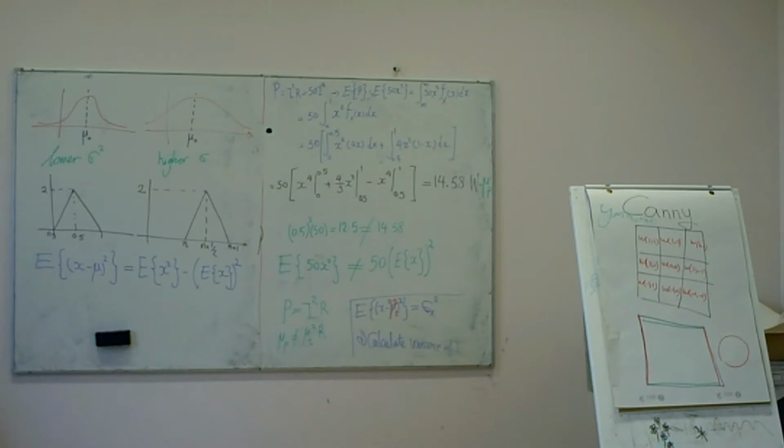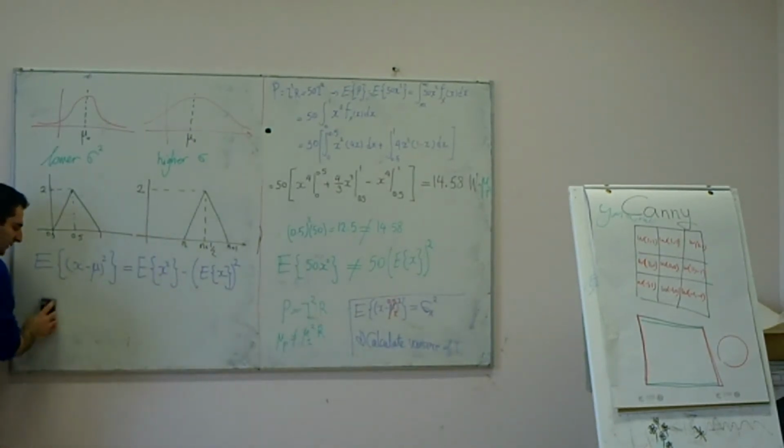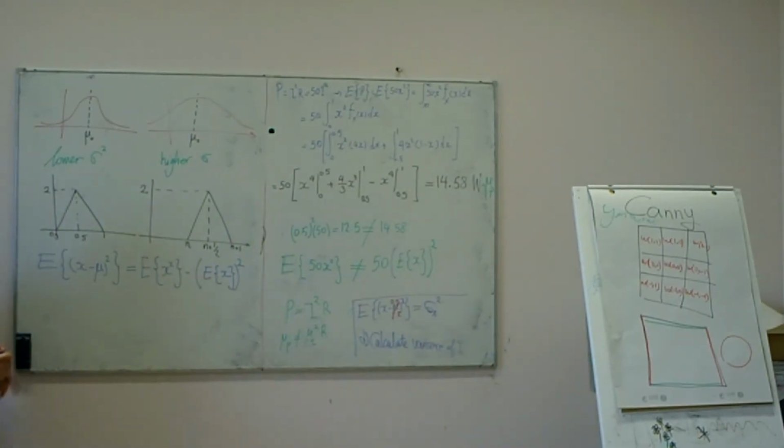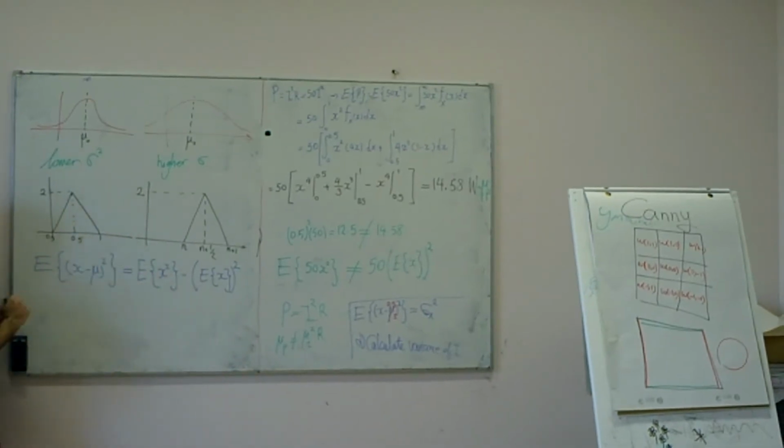Let's prove it. We want to prove this formula. In order to prove it, we have to go to the definition. What is the definition of this one? I start from the left-hand side and try to get to the right-hand side.